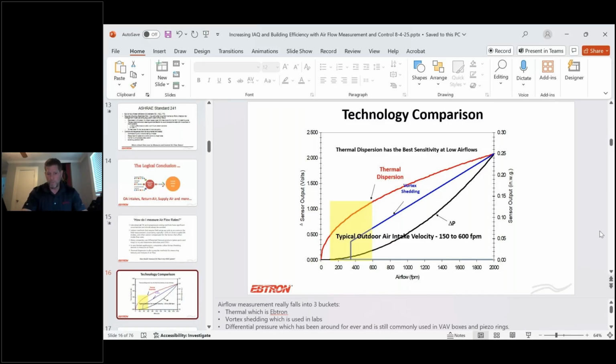That makes it more sensitive at lower velocities. So if you're going into turndown modes, night setback modes, or trying to do precision control of a VAV box or air terminal unit, and you want to turn it down into a really low volume, low velocity, you're better off with a thermal dispersion device than with those other devices.